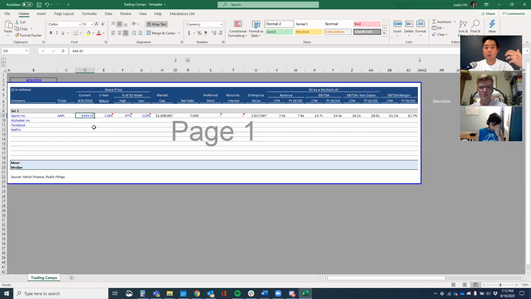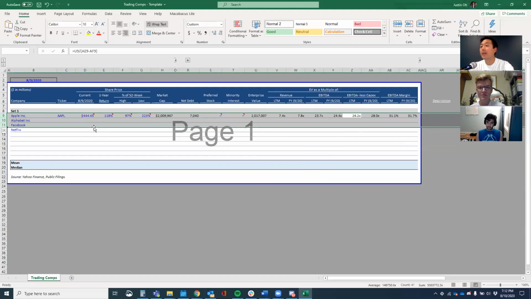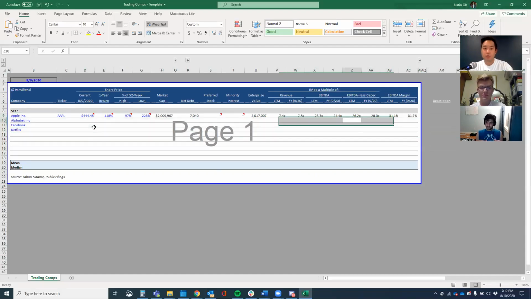Because if I own an industrial manufacturer that makes, I don't know, car axles, I would spread a bunch of public axle manufacturers, or at least tier 1, tier 2 auto suppliers that are publicly traded, to understand what my company might be worth in the public market. And if my company has a 20% EBITDA margin, how that compares to other peers. So it's basically comparing companies to their peers.